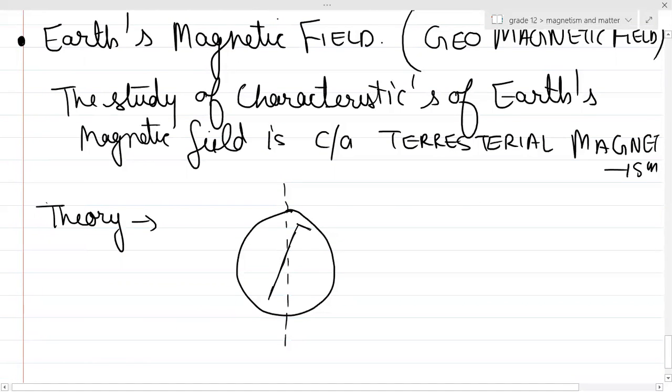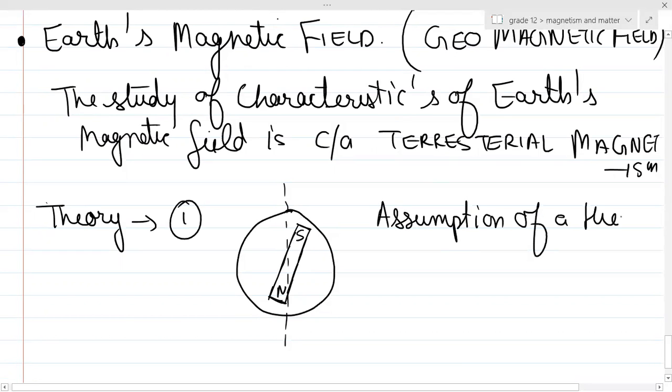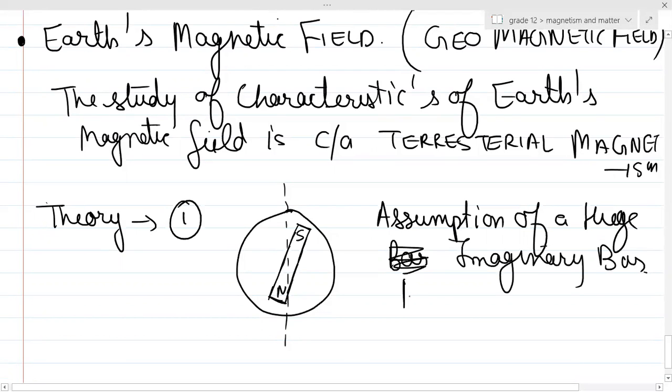They assumed that there is a huge imaginary bar magnet inside Earth. And obviously, this theory failed, right?